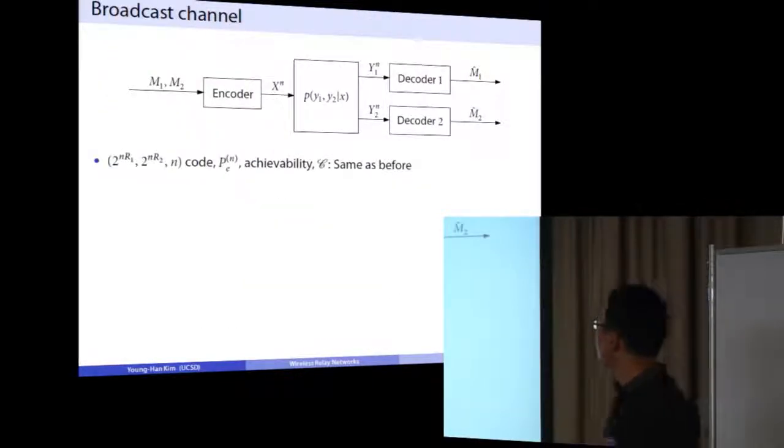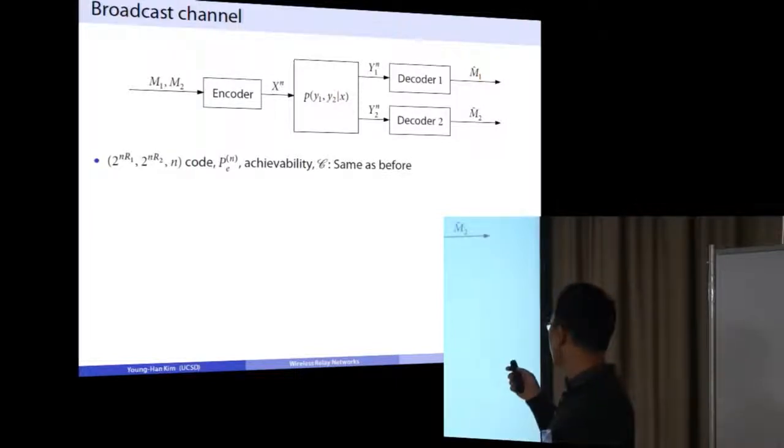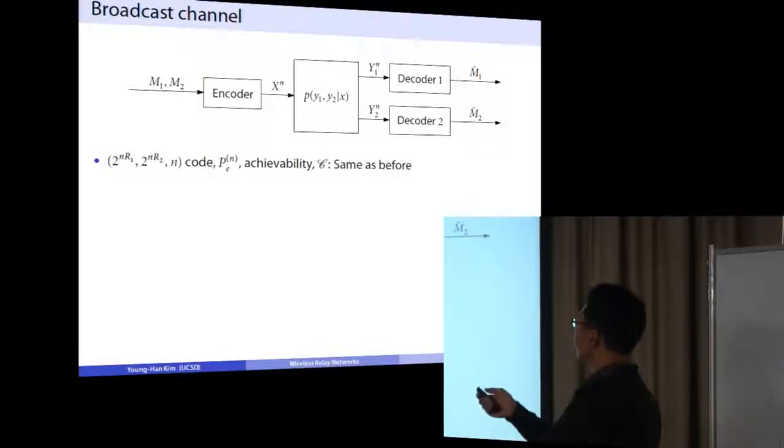Now let's move on to the broadcast communication system, which is kind of dual to multiple access. So here there is a single sender communicating to multiple receivers, and the channel is also flipped. The sender is using the input signal X, and the receivers are separately receiving Y1 and Y2, and we are sending two independent messages, M1 and M2, among which M1 is intended for receiver 1 and M2 is intended for receiver 2.